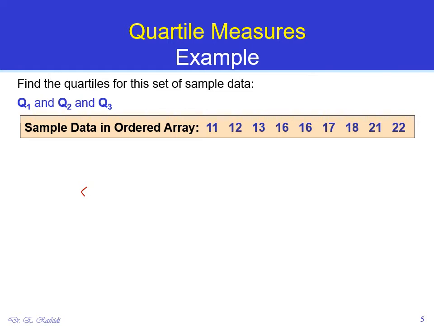What next? We want to find, for example, Q1, the first quartile. Let's see how many numbers we have. 1, 2, 3, 4, 5, 6, 7, 8, 9. So n, the number of data that we have, is 9.